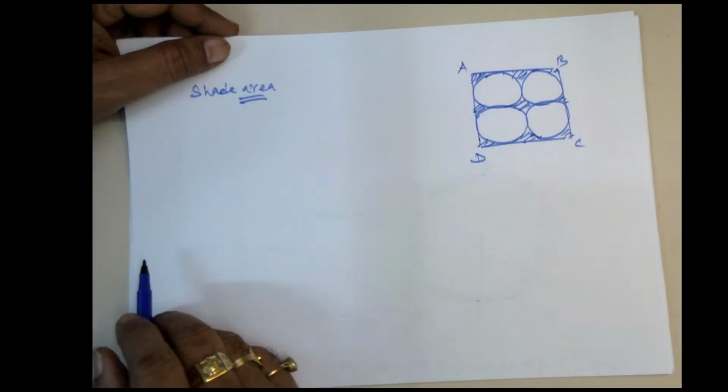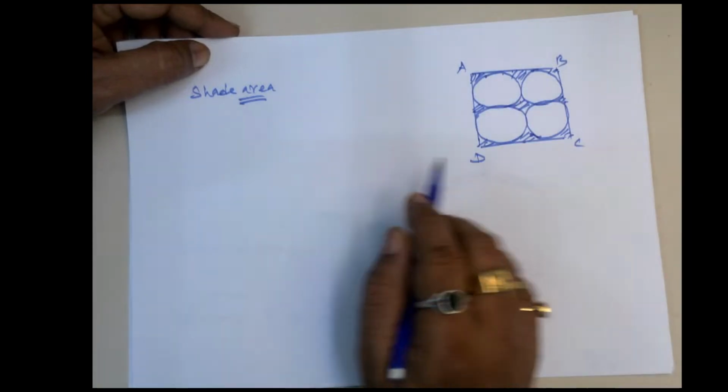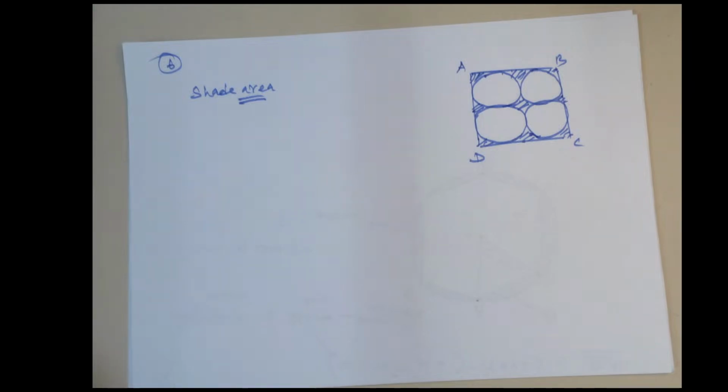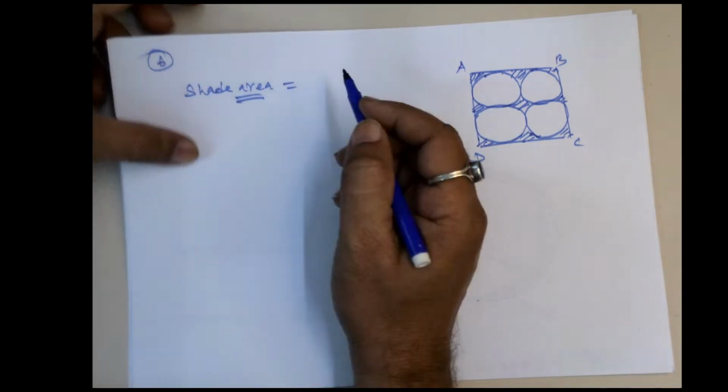You know very well, first you have to find out the area of the square. Is it not? Then what you can do, you can subtract the area of four circles. Is it not? And that gives the shaded area.